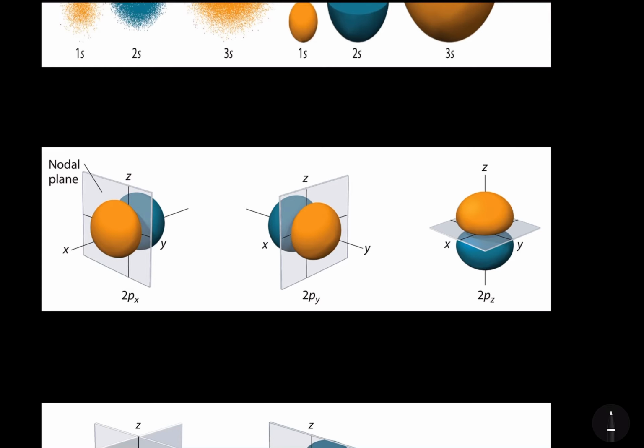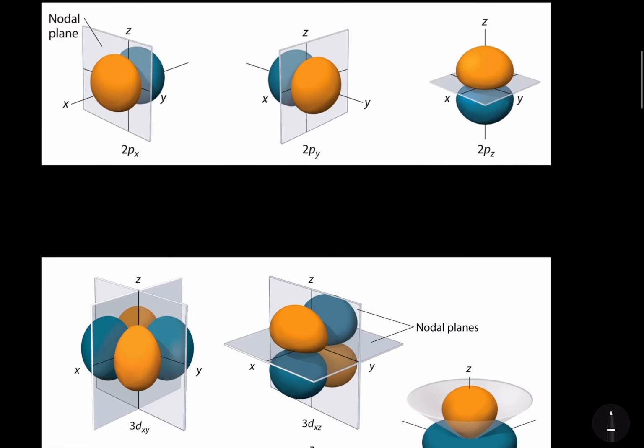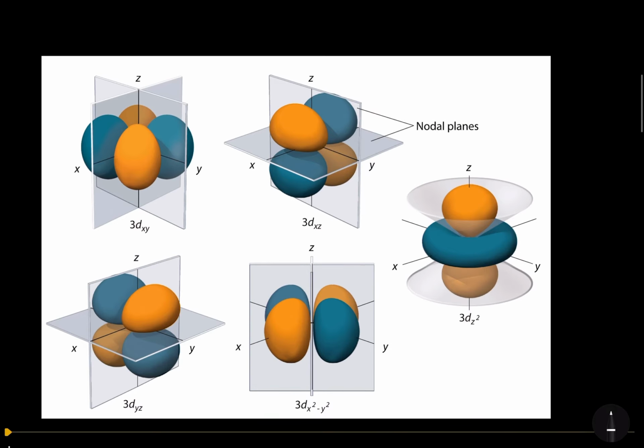So now let's talk about the d orbitals. This is the picture of d orbitals. I have already told you that d orbitals are double dumbbell shaped. So since we have a double dumbbell shape, you will also have double nodal planes in the d orbitals. Here you can see the nodal plane.